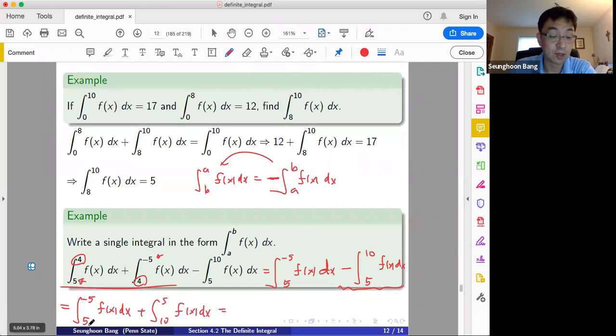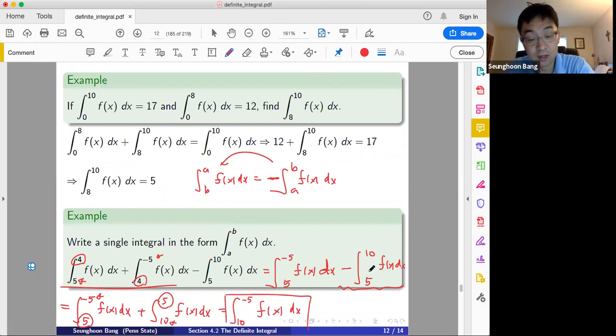What happens here? The lower limit is the same as the upper limit, so you can combine: the integral with lower limit 10 and upper limit minus 5 of f of x dx. That's it. This is the answer. Right? It's the whole idea for solving this kind of problem.